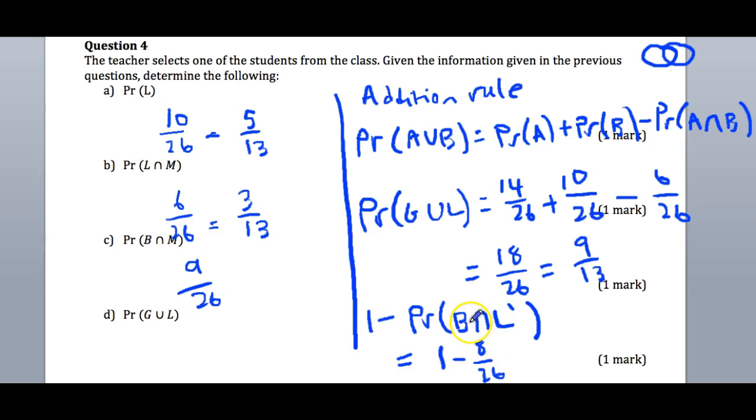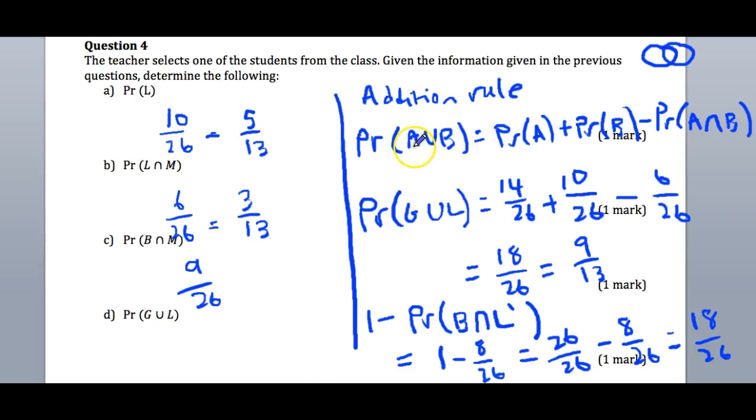This 8 represents the number of boys who don't like Lego. And if you had written the Venn diagram or your two-way table, you would see that. Okay, so then 1 minus 8 over 26. If it's easier, you can change the 1 to 26 over 26. It's the same thing. And that gives us the same answer. Okay, 18 over 26, which simplifies to 9 over 13.